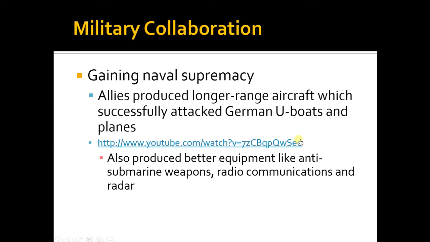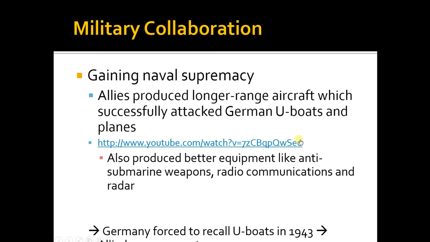Okay, and not only that, the Allies were able to produce better equipment like anti-submarine weapons, radio communications, and radar. Which again helped them gain supremacy of the seas.